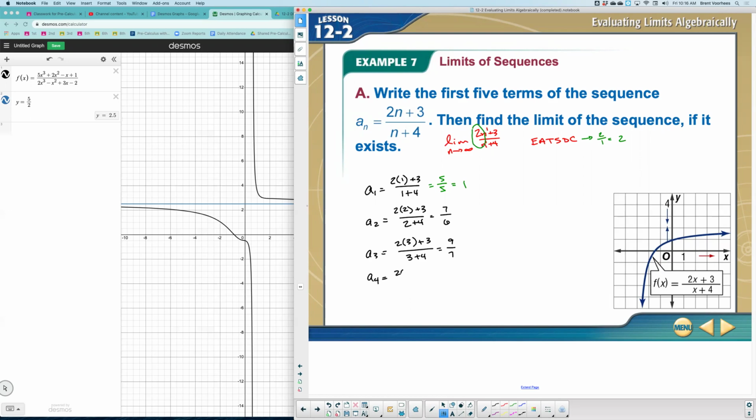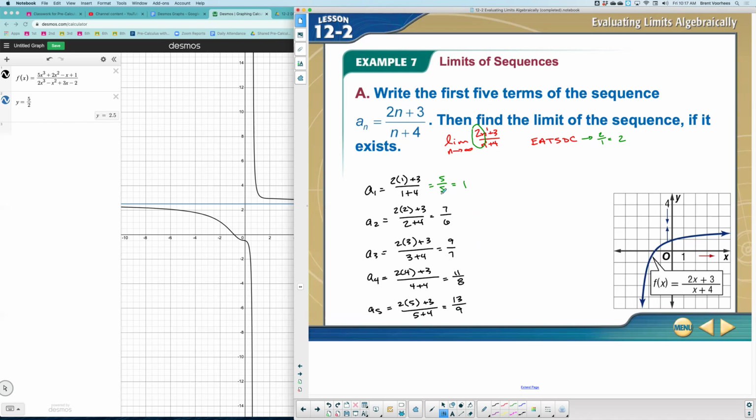The fourth term, 2 times 4 plus 3, that's 8 plus 3 is 11. And then 4 plus 4 is 8. 11 over 8. And then finally the fifth term, 2 times 5 plus 3 over 5 plus 4. 2 times 5 is 10, plus 3 is 13. 5 plus 4 is 9.